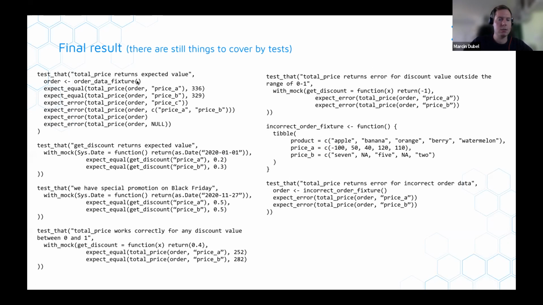I see right now that there is an order data fixture that creates you the correct order, and you can use that to check whether the orders are fine on this kind of stable test fixture. And here we can have a fixture for the incorrect data, and that helps us to see, okay, there are NAs or some different values, and we can expect some errors.